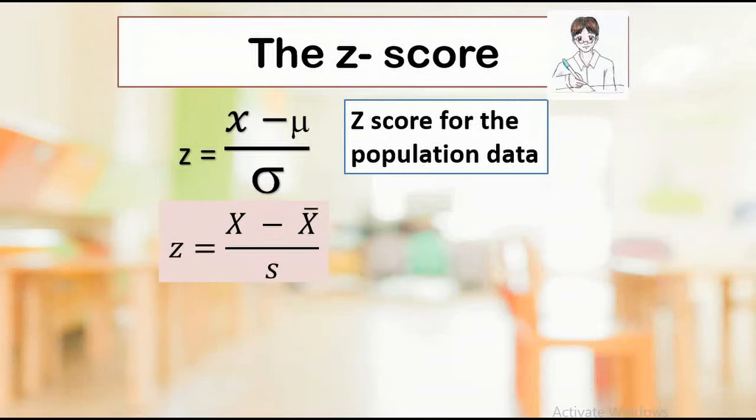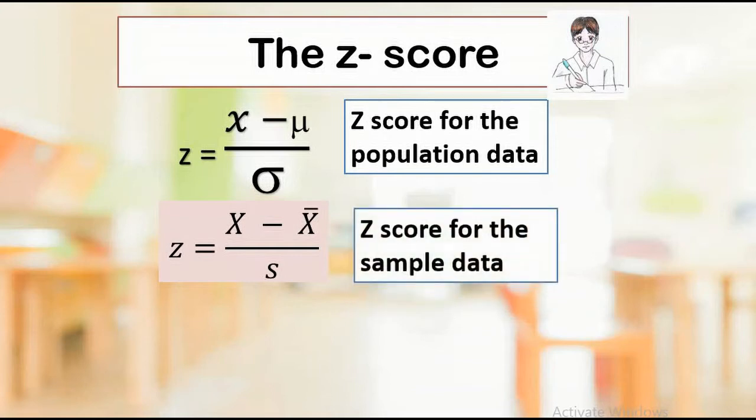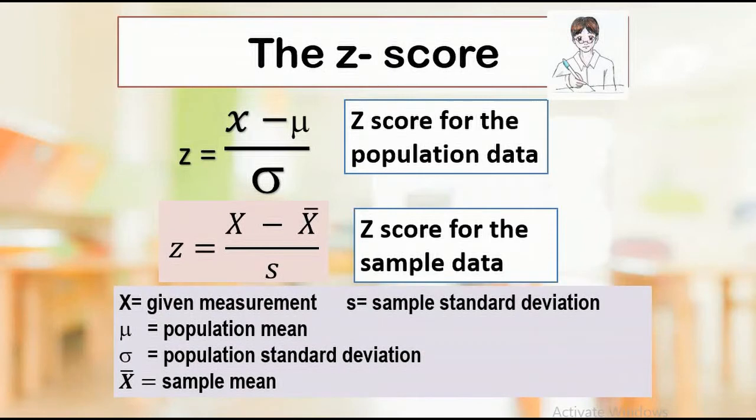This is the z-score for the sample data. X is the given measurement, mu is the population mean, sigma is the population standard deviation, x bar is the sample mean, and s is the sample standard deviation.